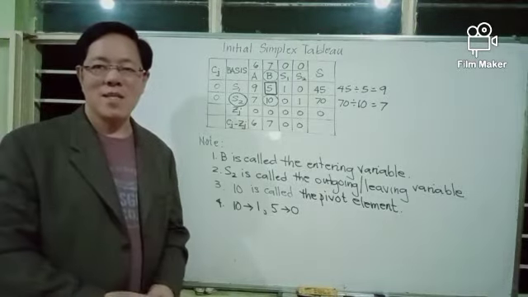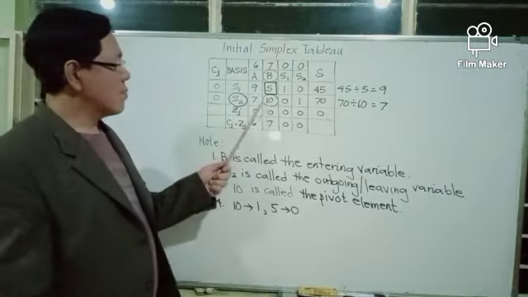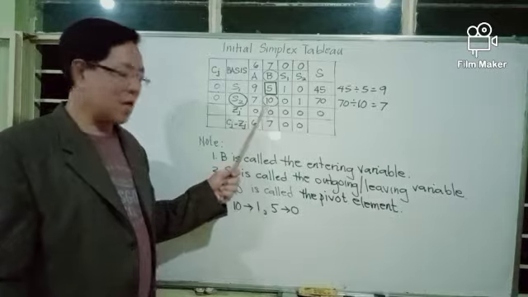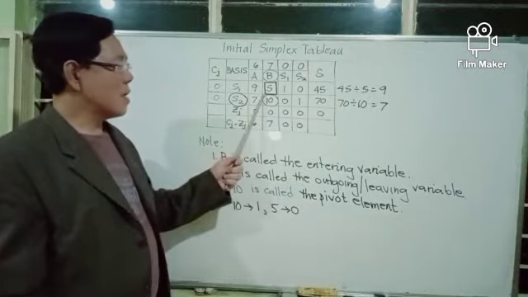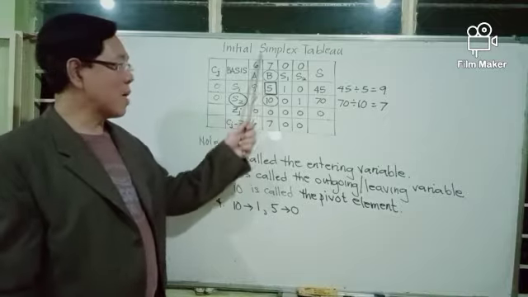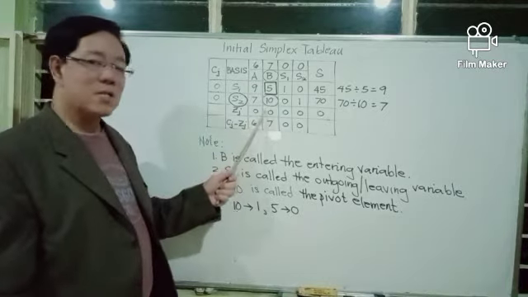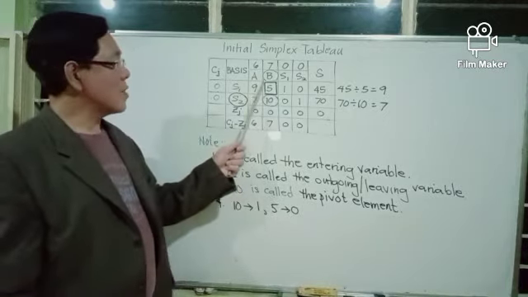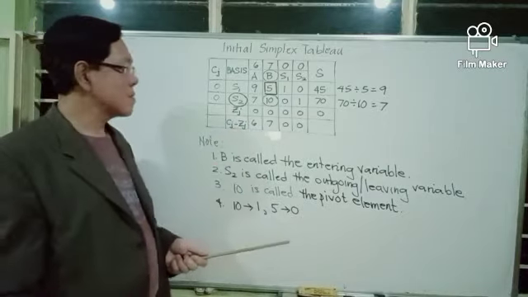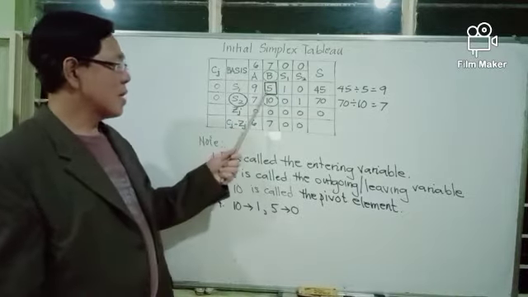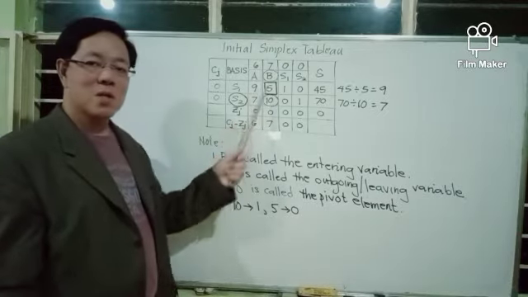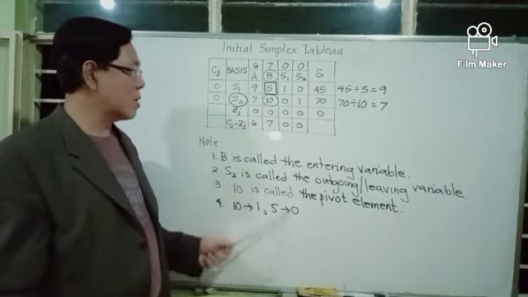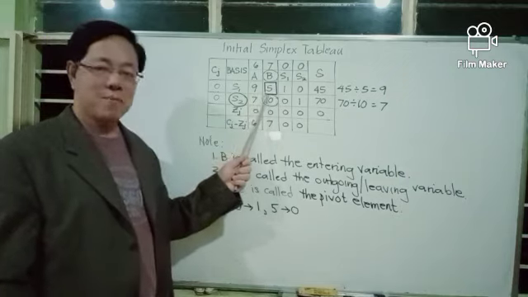Again, in the second simplex tableau, the pivot element must be changed to 1. And the other entries in the pivot column, except the last two entries and the first two entries, must be changed to 0. That leaves us with only one element in the pivot column to be changed to 0, and that element is 5.